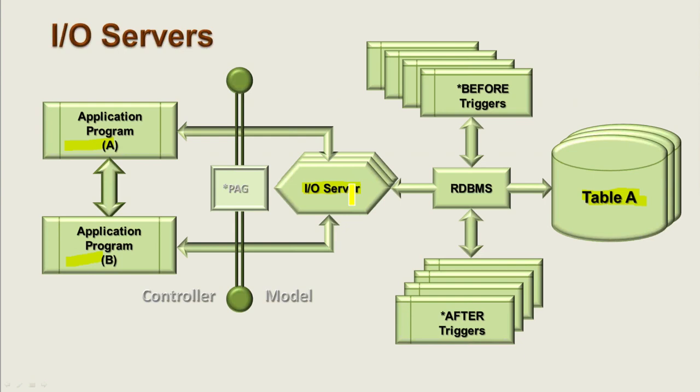If the insert function requires that a new customer gets the next number in the list, which is pretty common, that process can be done inside the I/O server to actually go and fetch the next number that's to be used, added to the record before the record is written to the table.